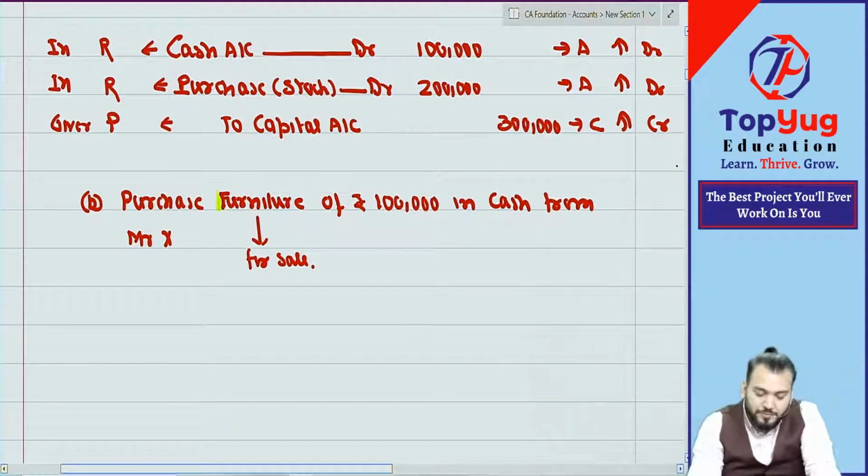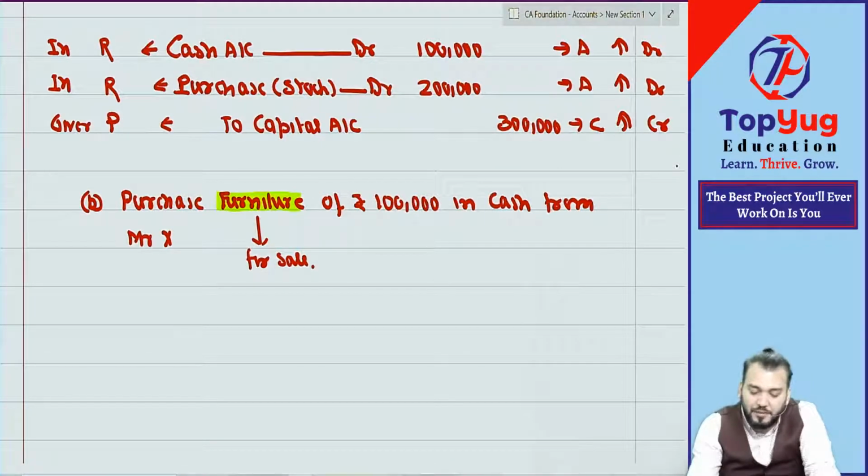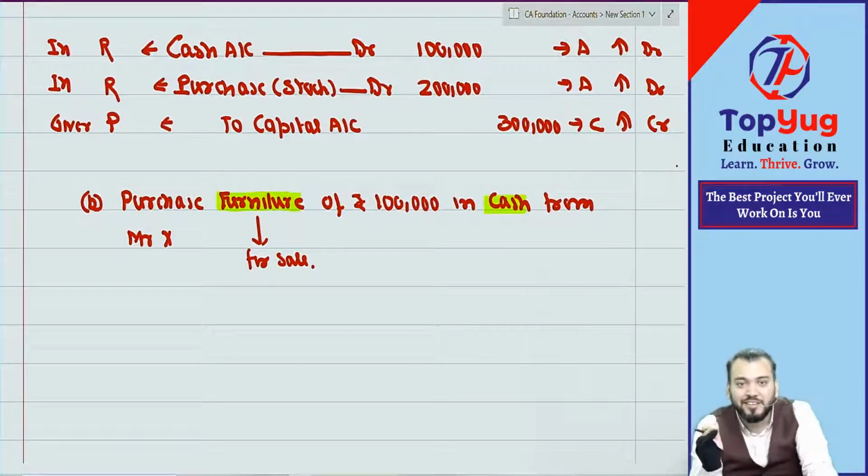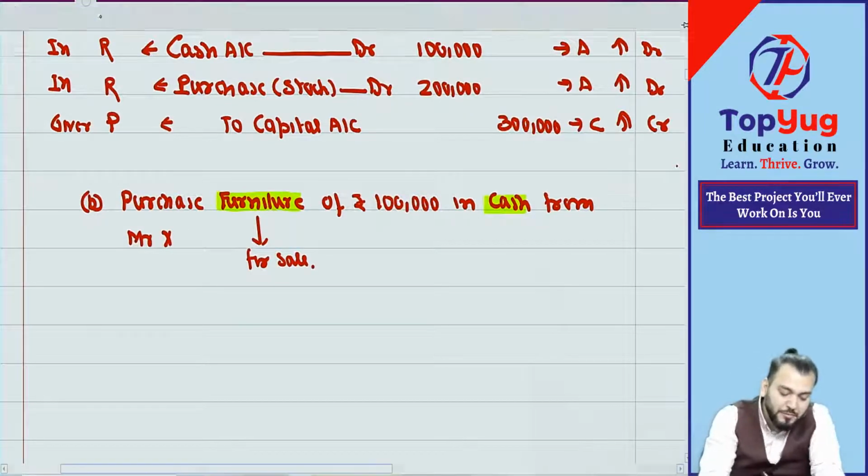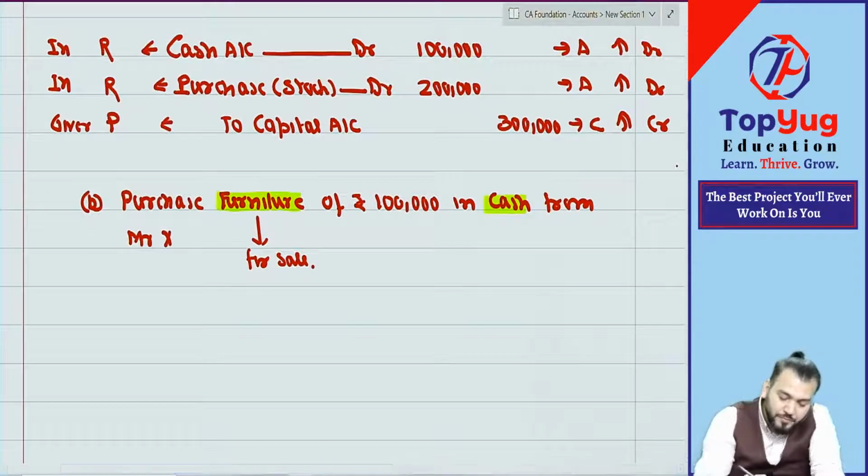Purchase of furniture and cash. Whether Mr. X will come? No. Mr. X will not come because the amount has already been paid. So two aspects. But which two accounts will be open?